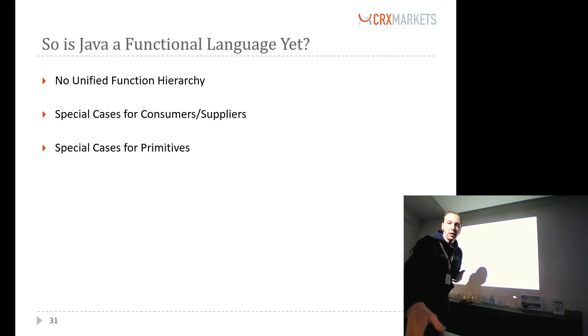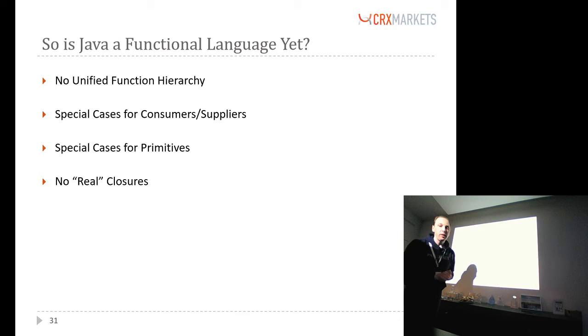And there are special cases for primitives. You remember that in streams you have this map method, but you have also map to int, map to long, and so on. So there are special cases for primitive values. And no real closures. So for me, this means that Java is not a functional language yet, but the features that are there are really, really great, and they should be used to their extent.